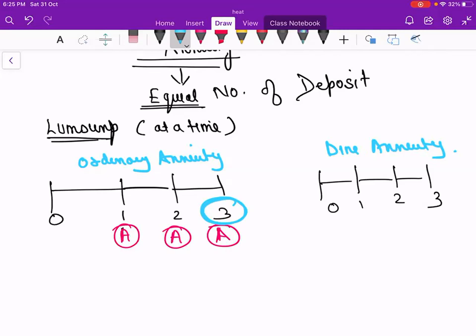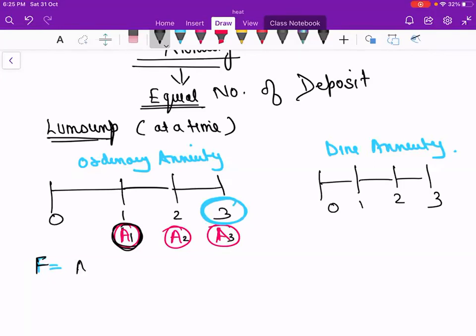If I want to calculate the future amount, tell me how much interest you will get on this amount. Tell me this first: for how many years will you get the interest? Suppose this is A1, this is A2, this is A3.